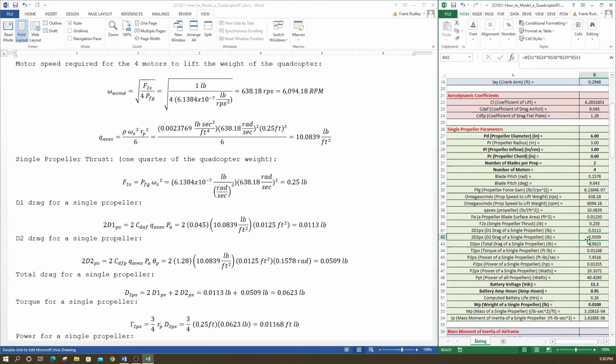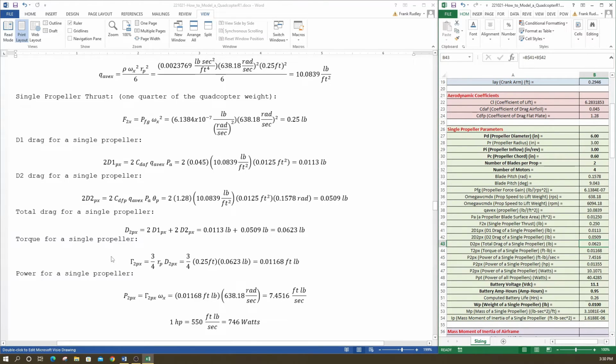So that's this parameter over here in the spreadsheet. So the total drag for a single propeller is this plus this. It's equal to 0.0623 pounds. So that's it over here. We just add those two together.